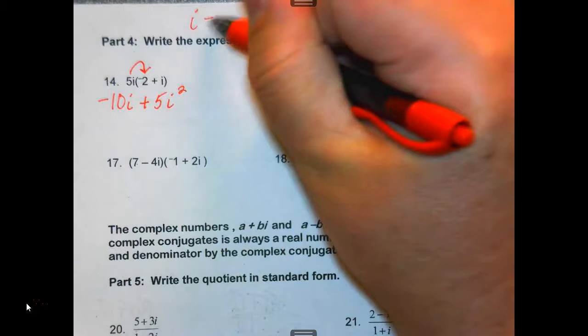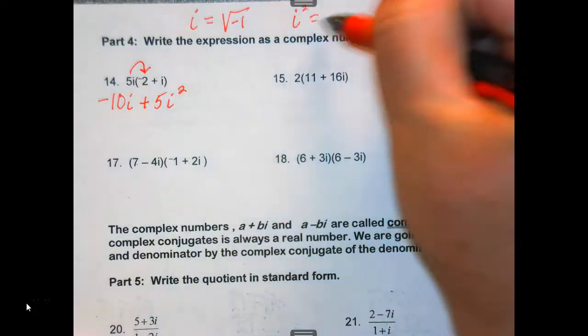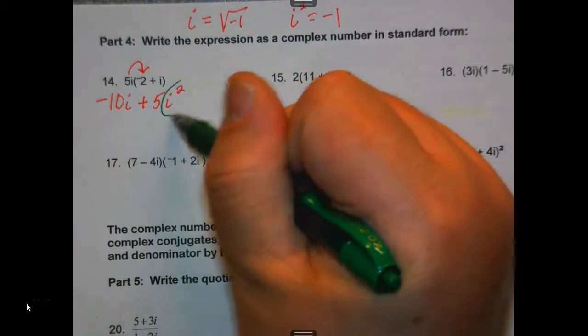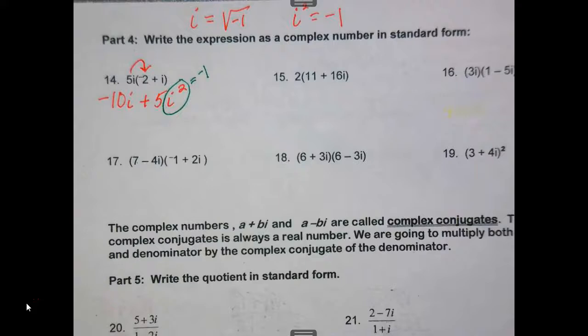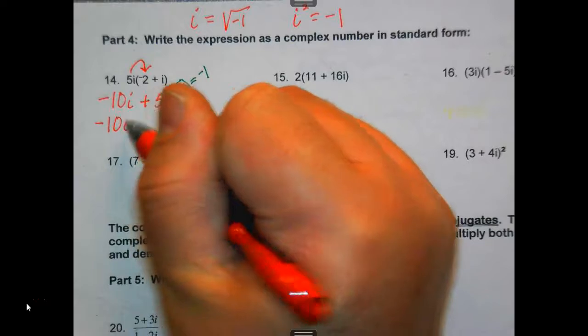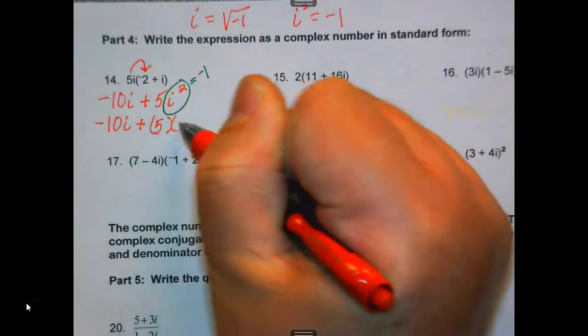Now remember, i equals the square root of -1, and i squared equals -1. What am I going to do here? I'm going to substitute in -1 for i squared. So I have -10i plus 5 times -1.